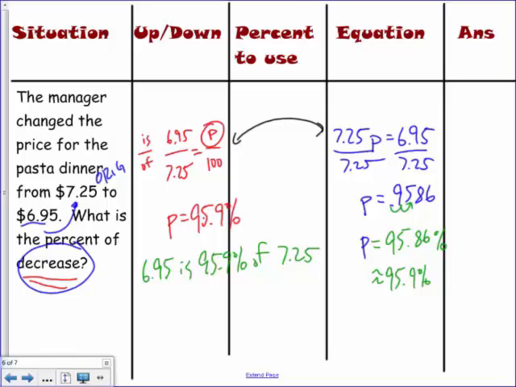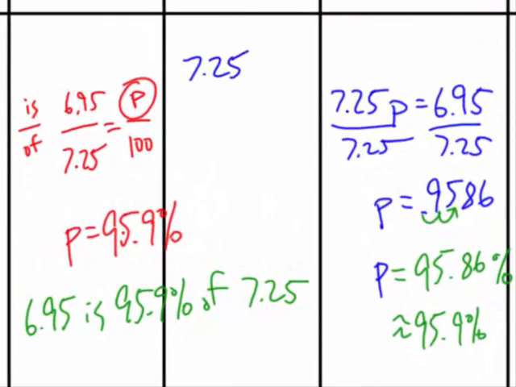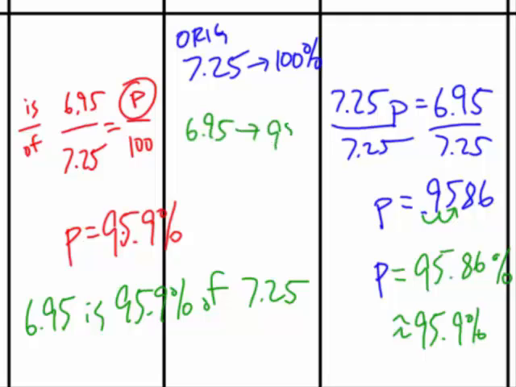So how do I find the percent of decrease then? Well, let's think about it. If 7.25 is the original, I'm going to put this in the middle here. So 7.25 is the original cost. That's 100% of the cost, right? And then we said that 6.95 is 95.9% of the original cost, right?